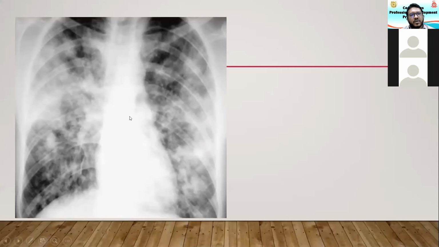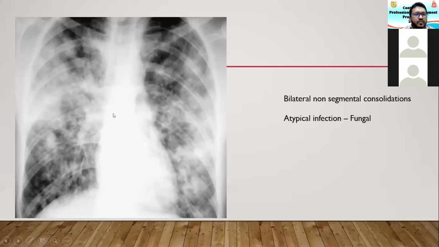Okay, quite similar to the old X-ray, but here there are multiple opacities with irregular outline, spiculation. But this can't be a malignancy because it's involving both lungs similarly, which is very rare for a malignancy. If it is ill-defined, this is what you call an atypical infection involving both lung fields, likely fungal infection or atypical pneumonia.